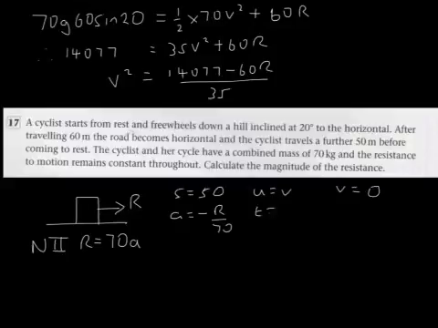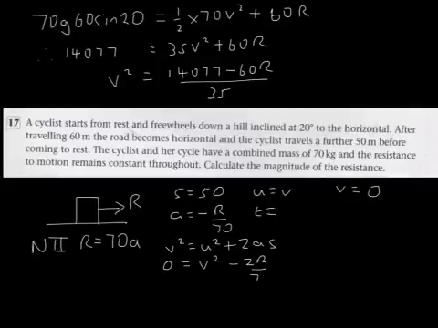We're not interested in t, so we can use the SUVAT equation that doesn't have t in it, which is v squared equals u squared plus 2as. So 0 equals v squared minus 2R over 70 times 50. Just to reiterate this slight confusion about the u's and the v's, there's two parts to this.